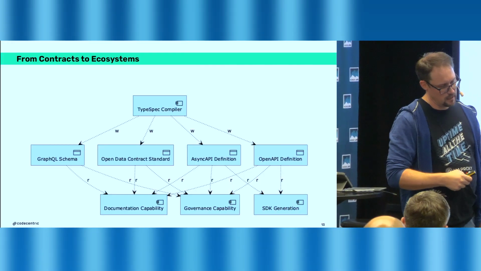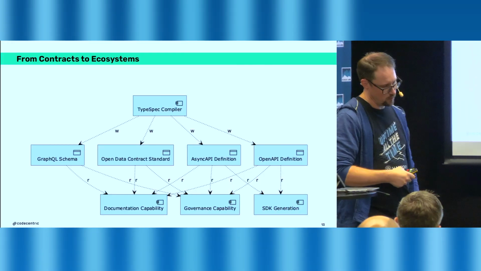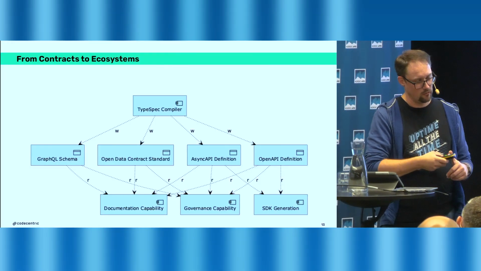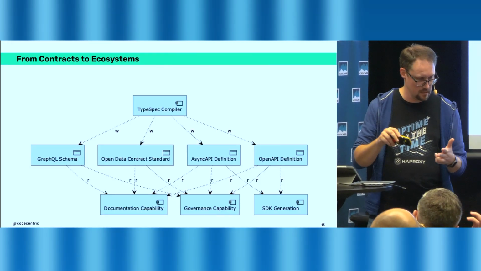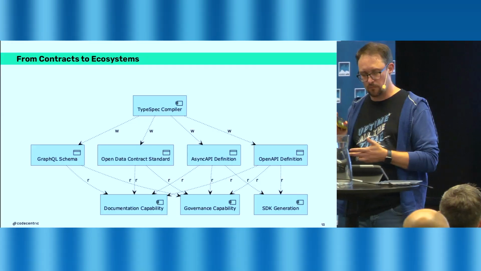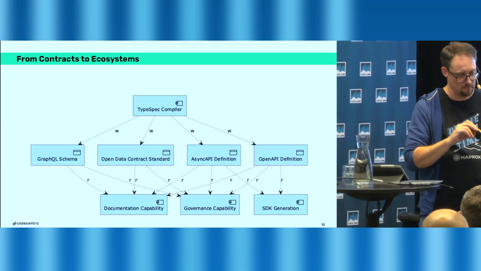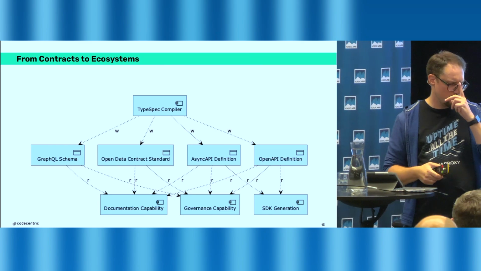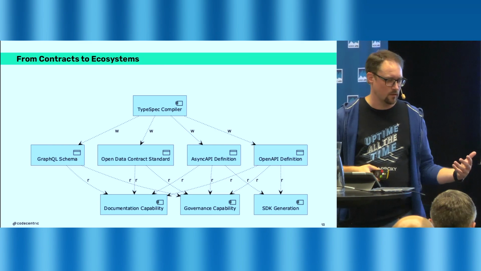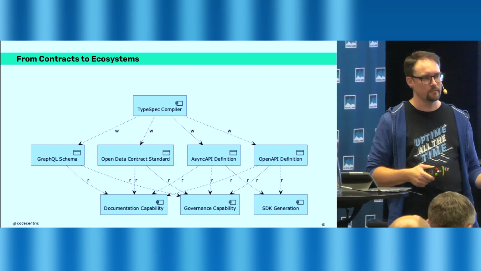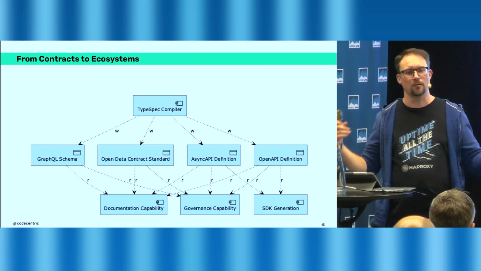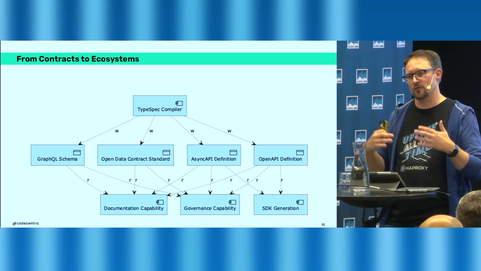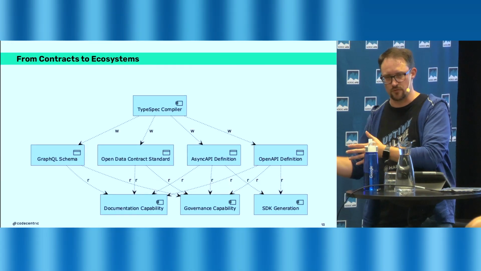And looking at this Typespec compiler thing we saw earlier, it's really the idea to generate GraphQL schema. Somehow in the future, hopefully, it's possible to create AsyncAPI definitions. And what we are looking at with customers right now is the Open Data Contract Standard: description of data products, description of data contracts, because data contracts are nothing more than interface descriptions.